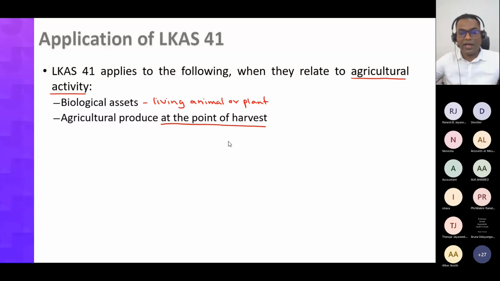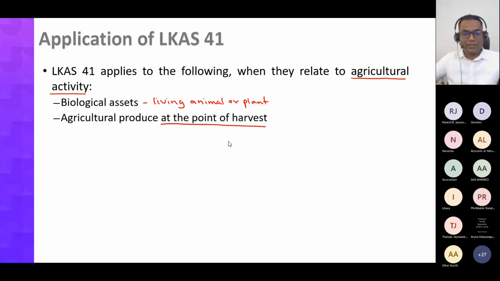Now let's say if you look at a mango tree, that particular mango tree would give you mango in each season, right? That particular tree is called a bearer plant, a bearer biological asset. If it is a bearer biological asset, then the standard applicable for the mango tree is LKAS 16, property, plant and equipment, right?